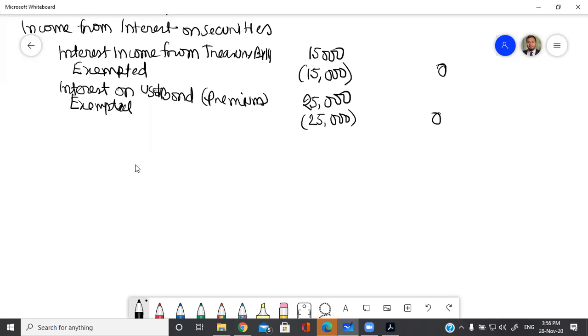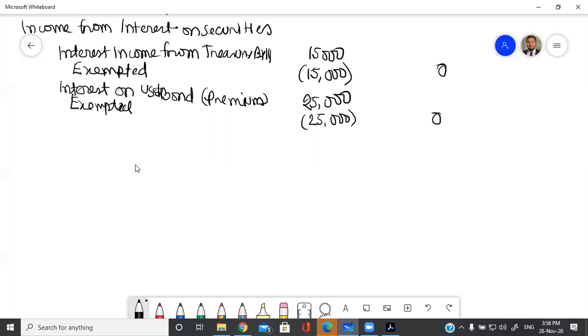Excluding the concept we learned for non-resident Bangladeshi related to tax, the Bangladeshi citizens who are living outside of the country and sending remittance to their country, I mean Bangladesh.